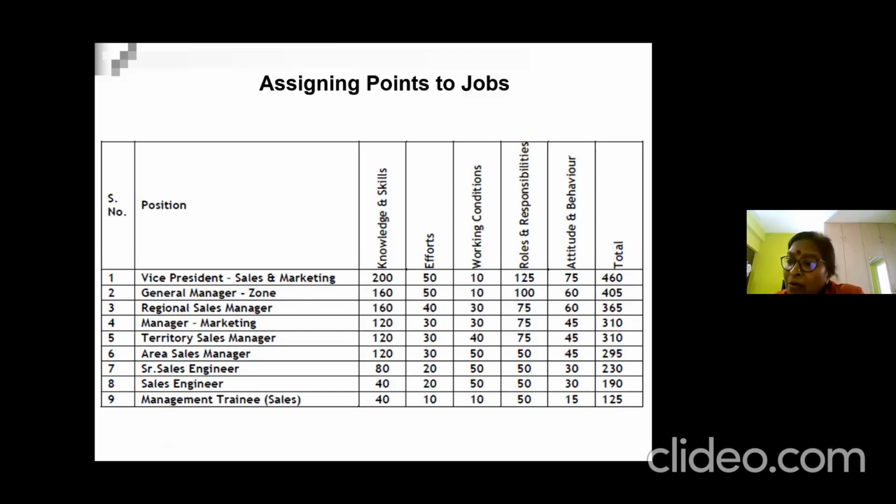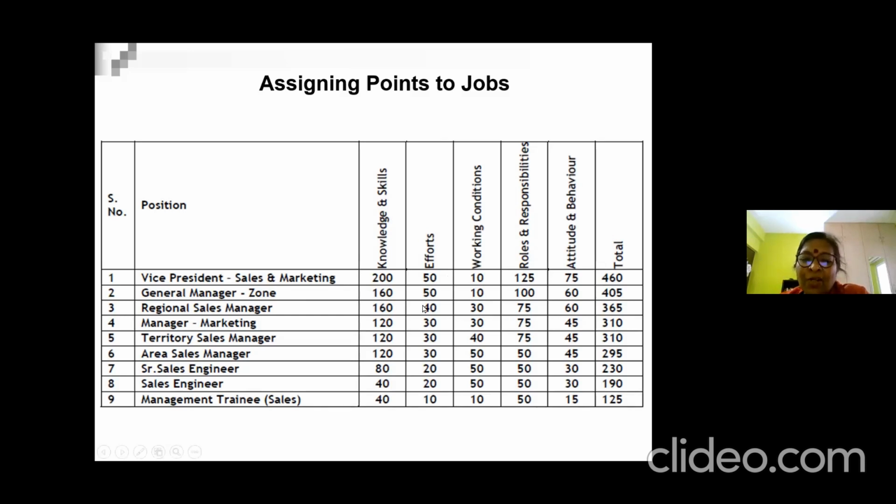Okay. Now, interesting thing, if you look at these numbers, with the point method, I can also make out the distance between 460 and 405. What is the distance? 55 points. Absolutely. Distance is nothing but the difference between this job and this job. So for example, if I say 460 and this is 440, what will come to your mind?